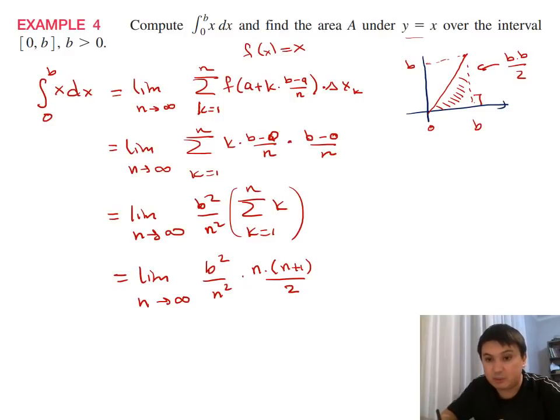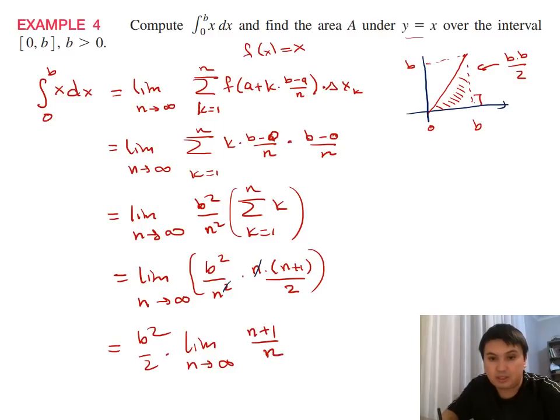There is no Riemann sum anymore. It's just this quantity, and now I want to take the limit as n goes to infinity. Now n becomes my variable, which means b squared is independent of n, so I can take it out. I can also take out the 2, and what is left is n times n plus 1. In fact, I can cancel this n with one of the n's at the bottom. So then I will get n plus 1 over n.